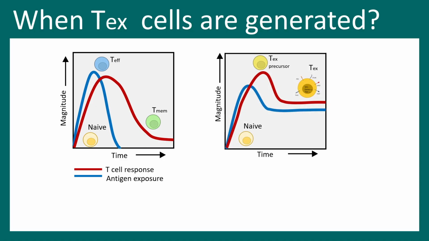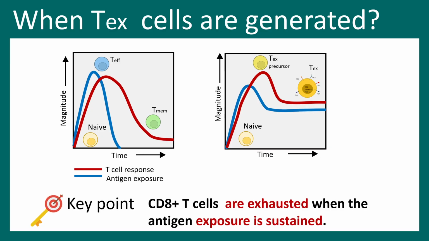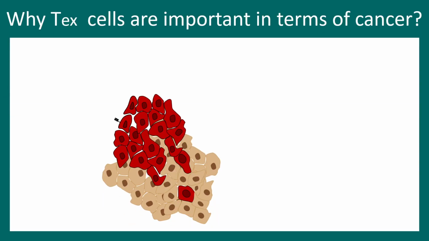But when the antigen exposure is chronic, happening over a long period of time, or let's say there is a tumor formation which is staying there for a long time, in those cases, the naive T cells get activated into effector T cells. But eventually they get exhausted, and their proliferative capacity and cytokine secreting capacity get reduced, and this state is known as exhausted T cells.